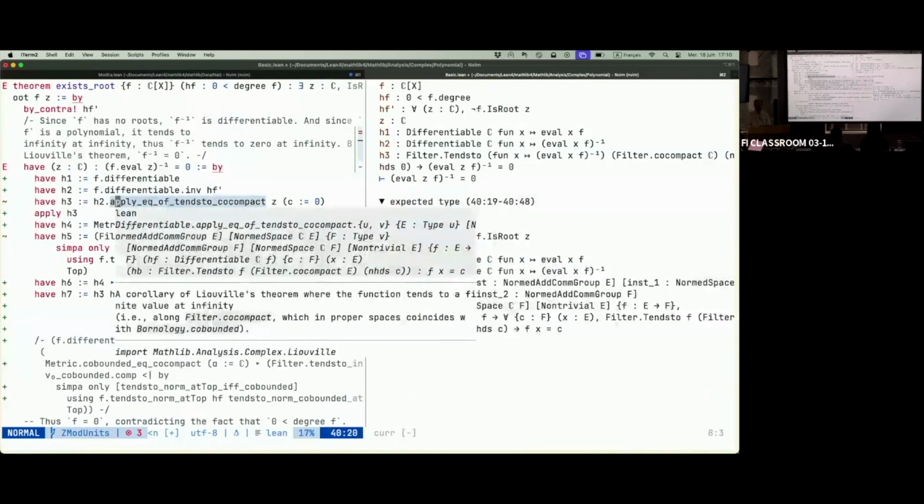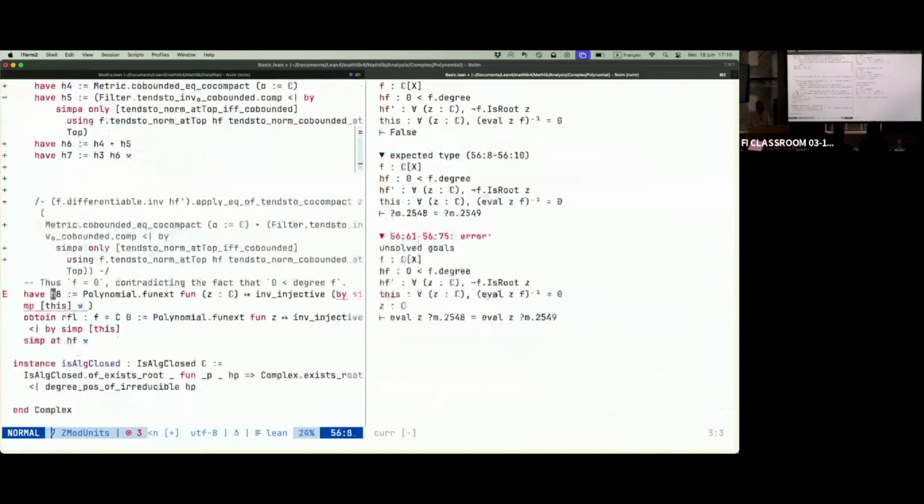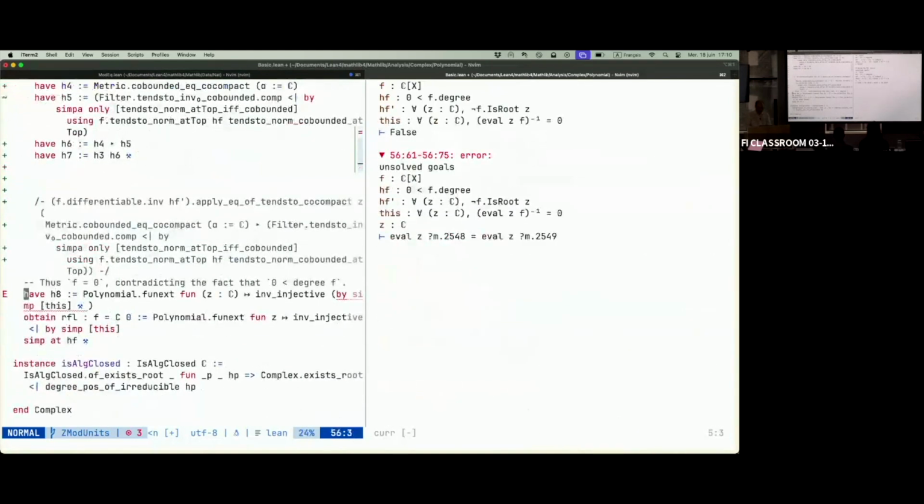This is the theorem that says that if you have a function that tends to 0 at infinity, then it is 0 everywhere. So we have applied this at some point. And I don't understand how that concludes the rest, but it's very strange. So that doesn't work.